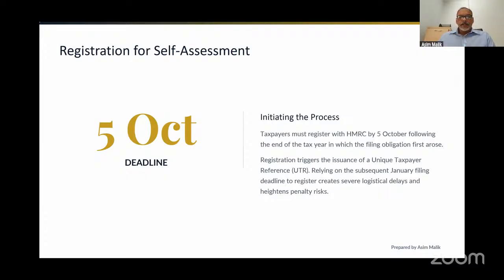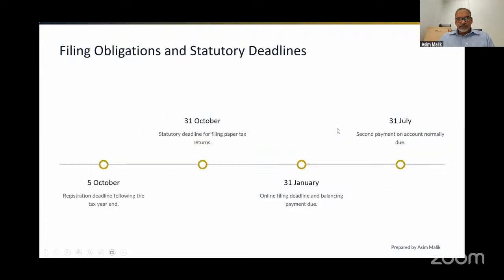Right. Now, in terms of filing obligations, as I mentioned, the obligation starts when you start receiving untaxed income. So if you, for example, have a salary income, there's no filing obligation because you're taxed on the income at source.